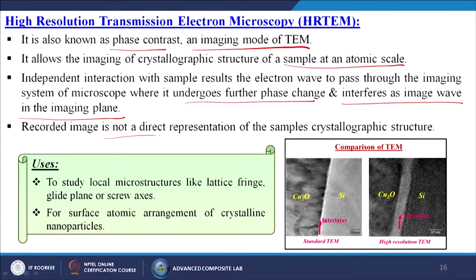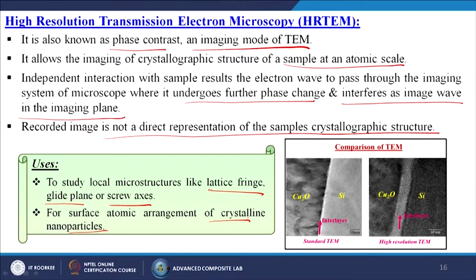The recorded image is not a direct representation of the sample crystallographic structure. What are the uses? To study local microstructures like lattice fringe, glide plane, or maybe the screw axis, for surface atomic arrangement of the crystalline nanoparticles.